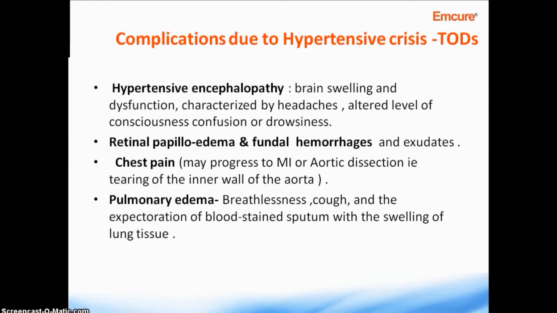And definitely pulmonary edema, which means that instead of air inside your lungs, you have water. So there is an increase in the water content of the lungs. So you have breathlessness, cough, expectoration, that means passing of blood-stained sputum, with swelling of the lung tissues. So all these organs can get damaged whenever you have a hypertensive crisis.